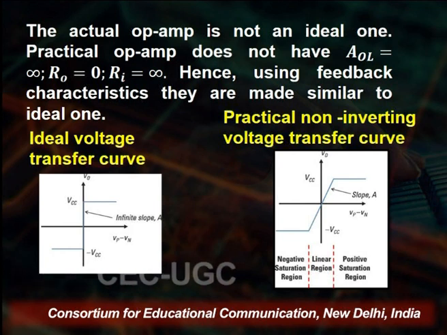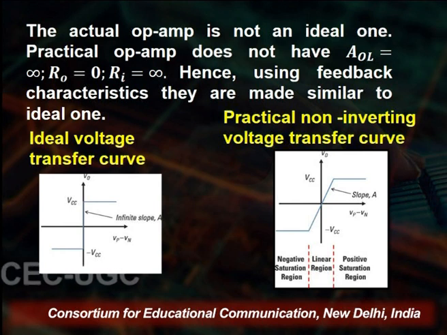But this change here from 0 to a certain high value is instantaneous in the case of an ideal op-amp, but it is not instantaneous as far as a practical op-amp is concerned. On your right, one can see the practical non-inverting voltage transfer curve, and it is interesting to note that input voltage and output voltage are in the same quadrant.